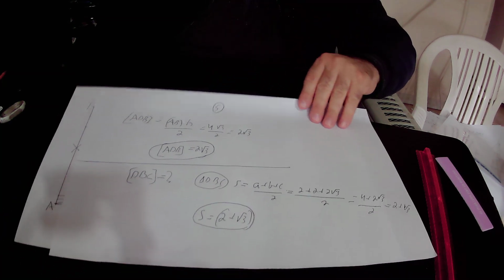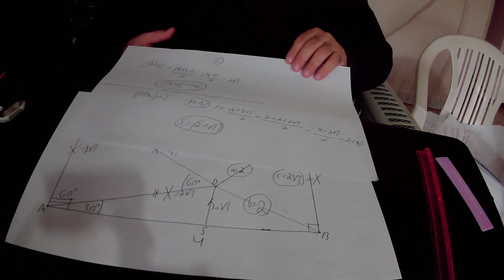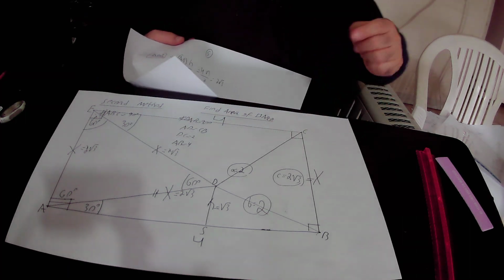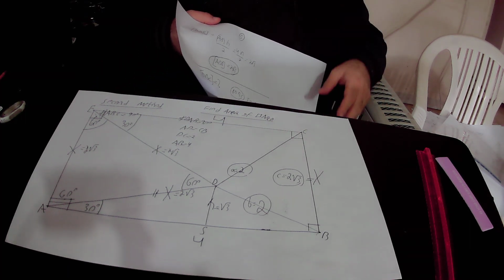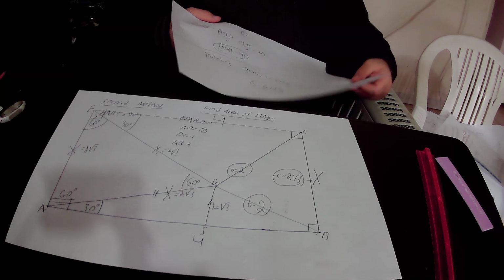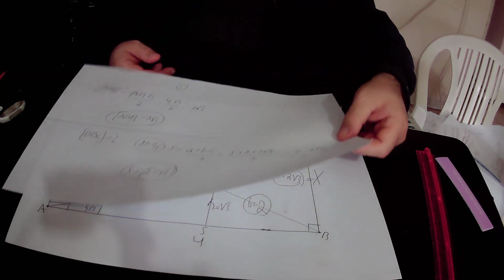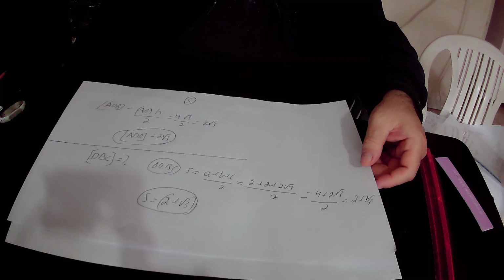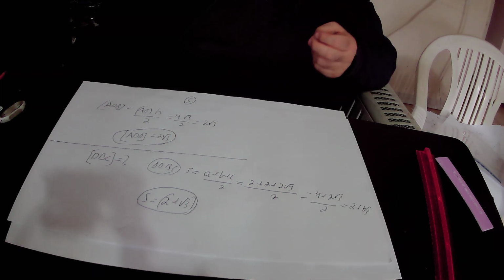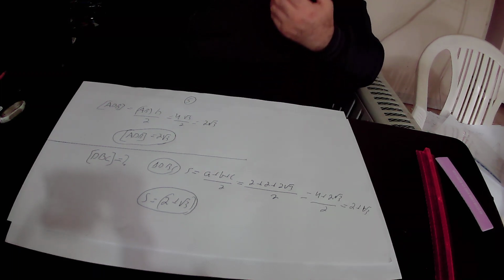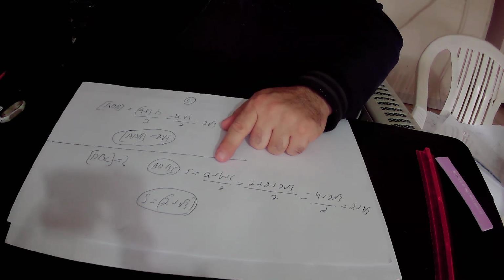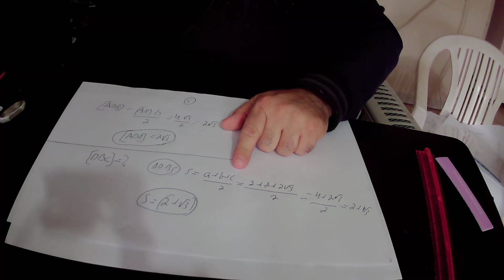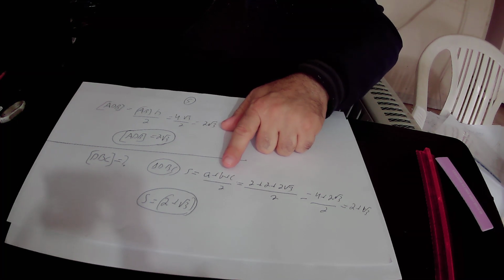of triangle DBC. We will find the area of triangle DBC according to a special formula. First of all, we will find the semi-perimeter of triangle DBC. The semi-perimeter of any triangle is equal to the perimeter of the triangle over 2. The perimeter of triangle DBC is A plus B plus C, and if we divide the perimeter by 2, we get the semi-perimeter.